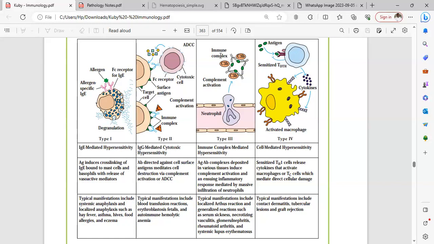Thank you for that. So for type 1, sorry. You said basophils are usually elevated in most allergic conditions.